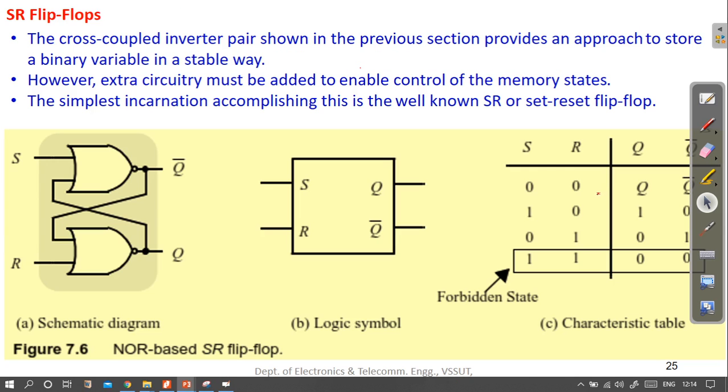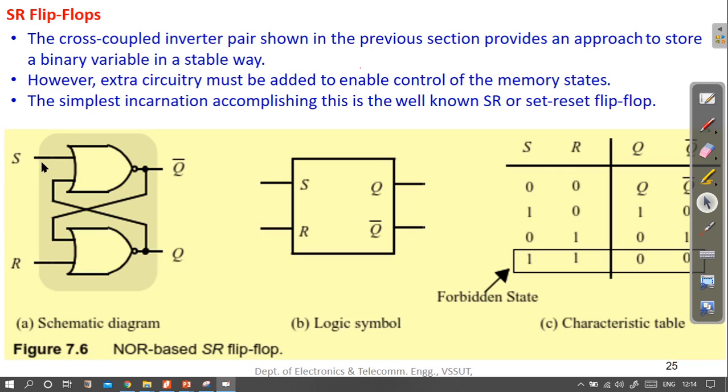But we wanted to add more inputs to this latch, because an inverter could have only one input signal. It cannot accommodate more than one input signal. So there is a need to add some more input signals so that we can have some more control in case we need to change the input signal.